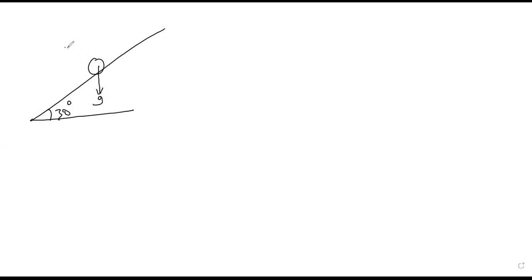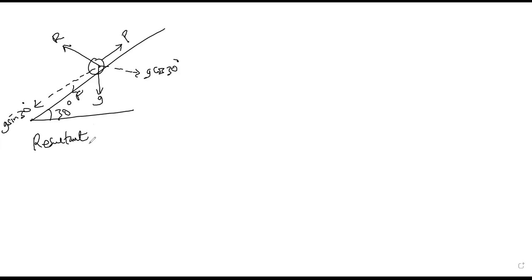This was G. So now the body is moving up the plane, meaning that the friction is down. But for this case, we need the resultant force because we are talking about motion.